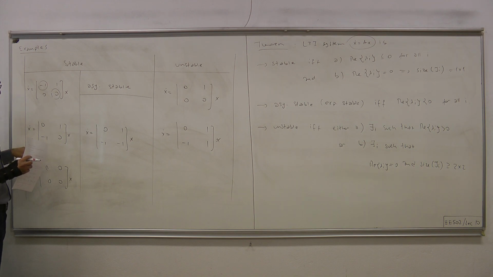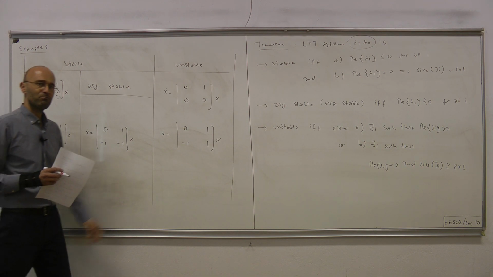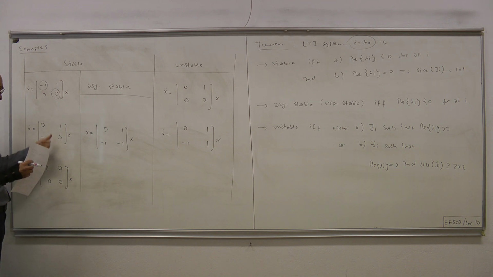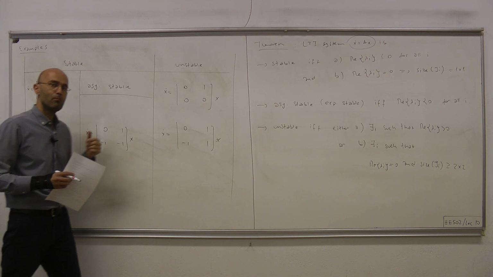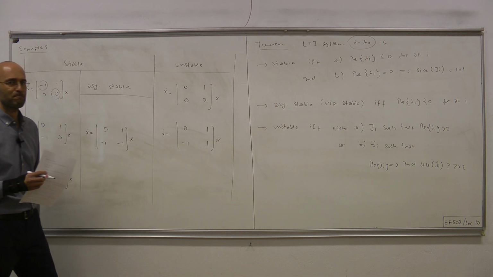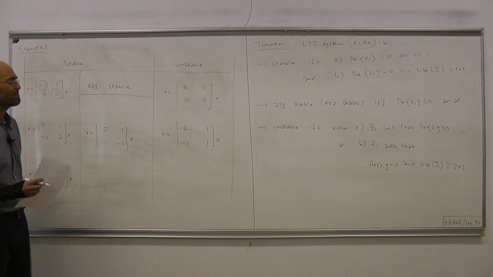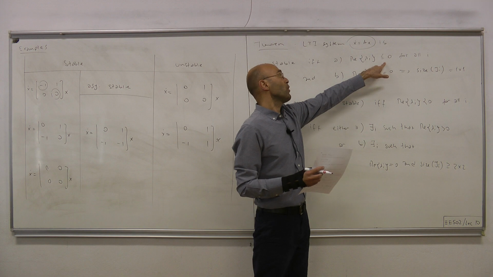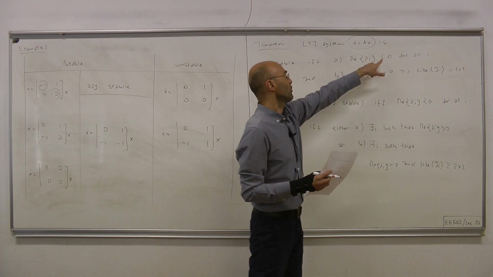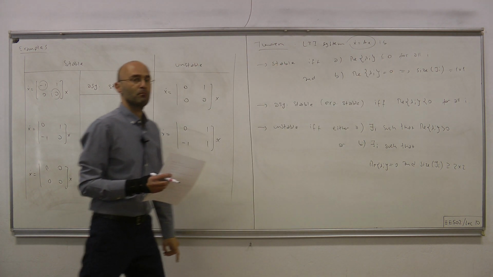Okay, now for this system, this is a skew-symmetric matrix. All the eigenvalues are on the imaginary axis, and you can compute easily that the eigenvalues are at plus minus j. We have no eigenvalue with positive real part, so all the eigenvalues satisfy that property.